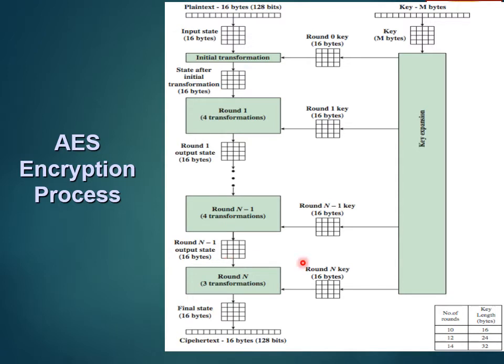Similarly, the key is depicted as a square matrix of bytes. This key is expanded into an array of key schedule words. Here you can see round 0, round 1, round n-1 and round n.